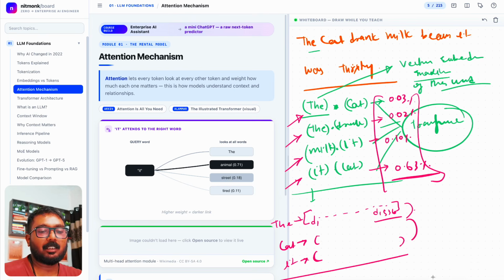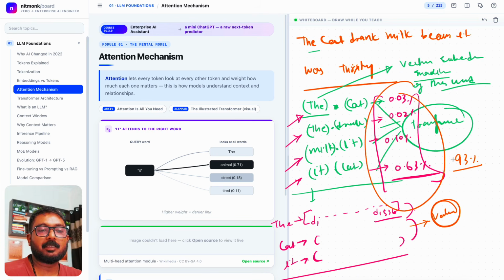Once we apply the dot products, we start getting values. These values will be very random: sometimes 0.93, sometimes 0.73, sometimes 0.53. To make them a complete probability distribution summing to 1, we use softmax.